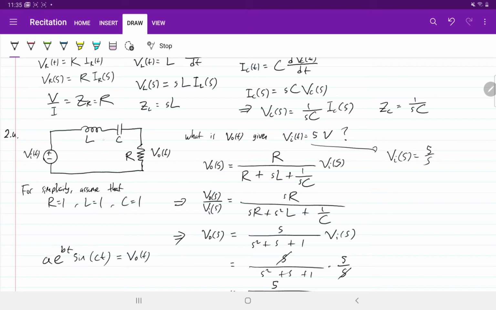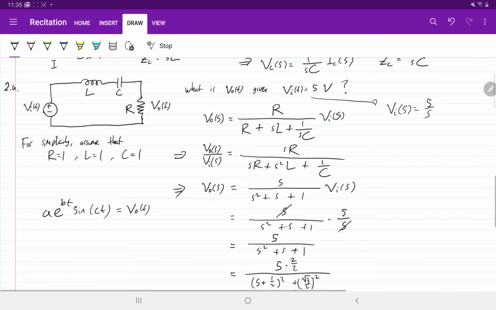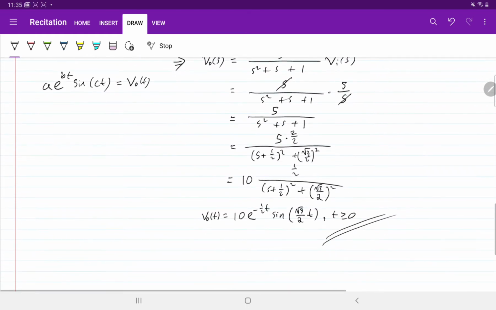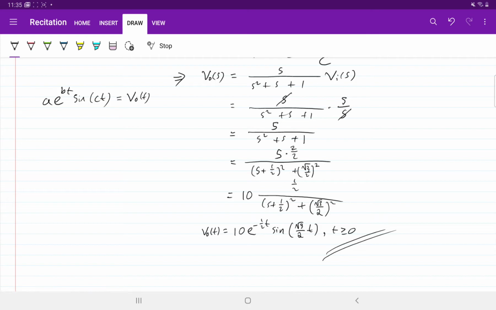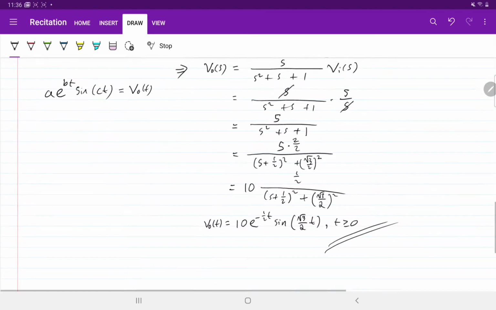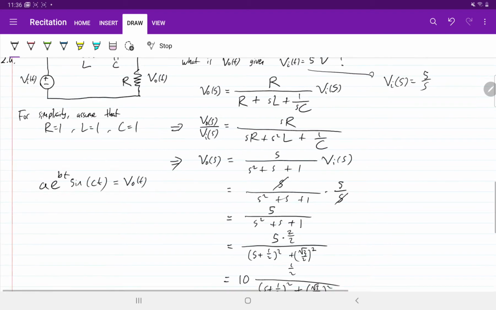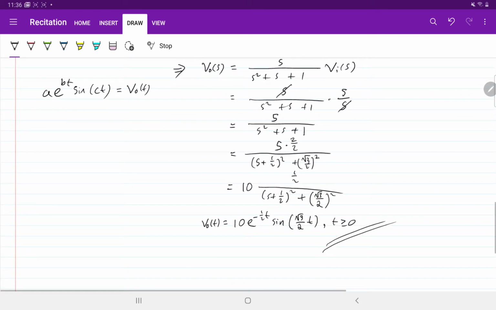So the voltage on the resistor as time goes to infinity will go to zero. That makes sense, because if you take the limit of this equation for t approaching infinity, this term decays to zero. So that's how you confirm that this equation makes sense.